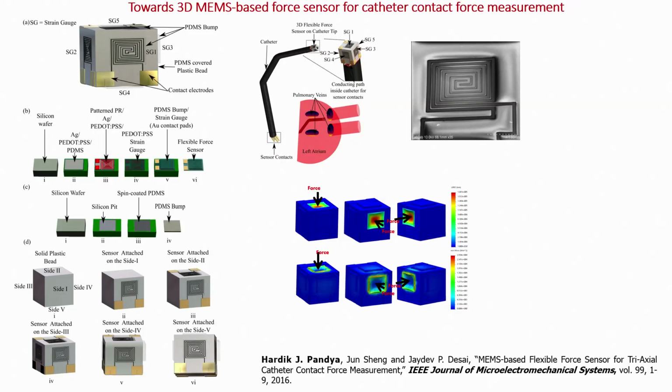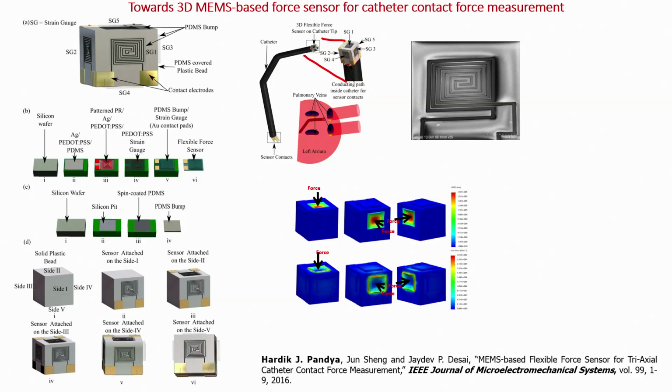So, what is the idea? The idea is to develop a catheter and connect a 3D flexible force sensor on the catheter tip. There are 5 sensors, and since it is a strain gauge, we have named them SG for strain gauge, SG1 to SG5, as you can see when you magnify this portion.